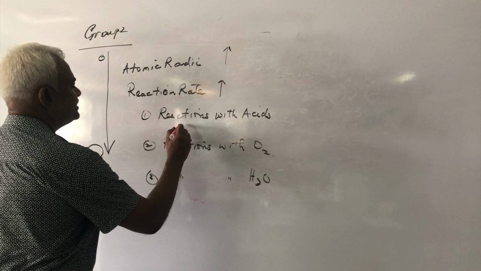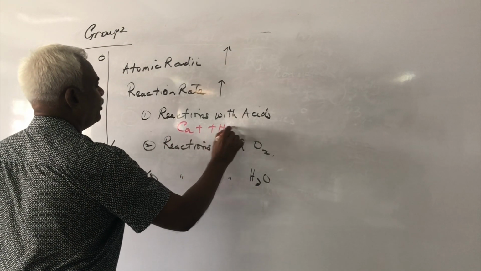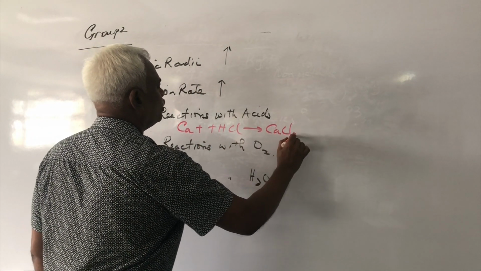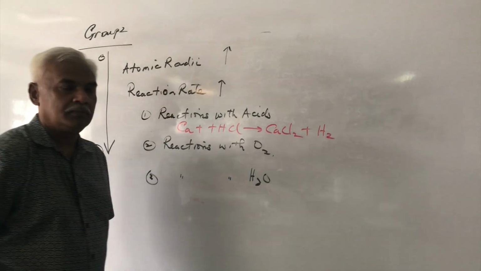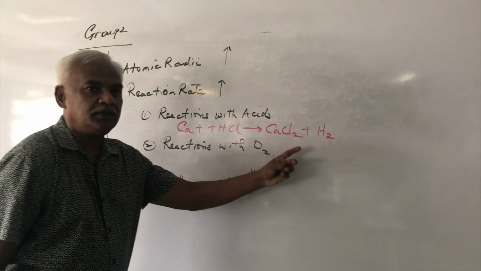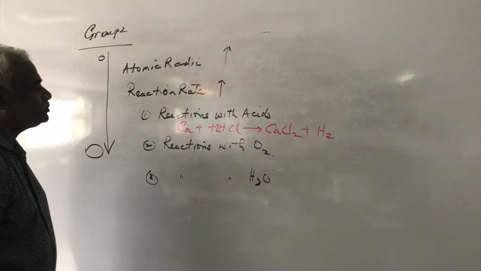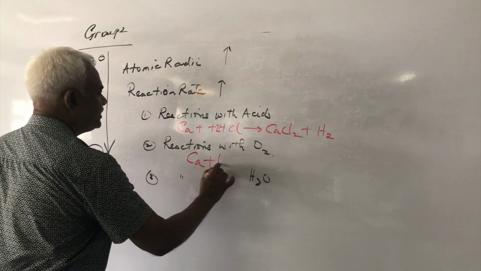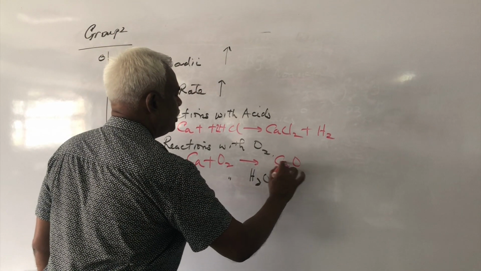Take calcium, for instance, plus hydrochloric acid, and we'll form calcium chloride and hydrogen gas. Whenever the acid reacts with the metal, we get a salt and hydrogen gas. Again, balance the equation. Reactions with oxygen. Calcium with oxygen will form calcium oxide.